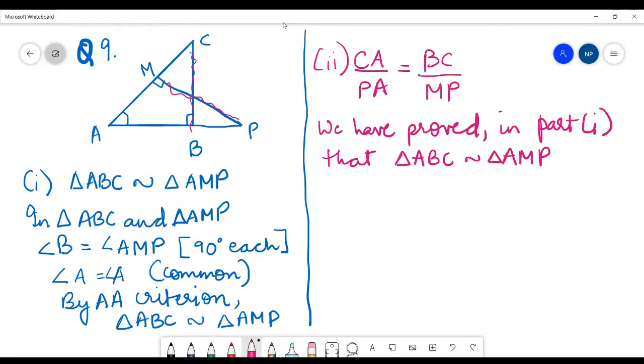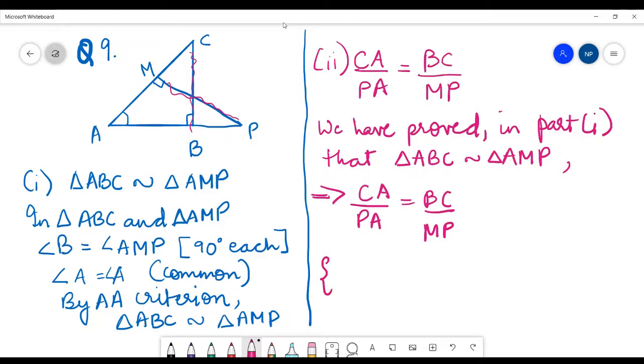Okay, we have proved that triangle ABC is similar to triangle AMP. Now, if you go through the basic concept of similarity, we know that the corresponding angles are equal and the corresponding ratios are equal. So, if the triangles are similar, then we can simply say that CA upon PA is equal to BC upon MP.